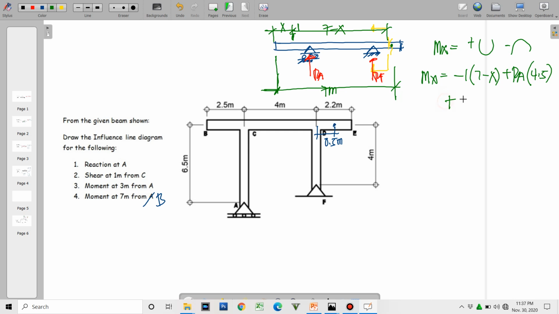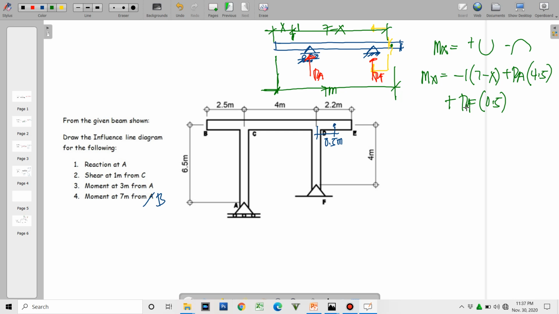And then we add RF. RF has a moment arm of 0.5. So basically this will be our moment equation.